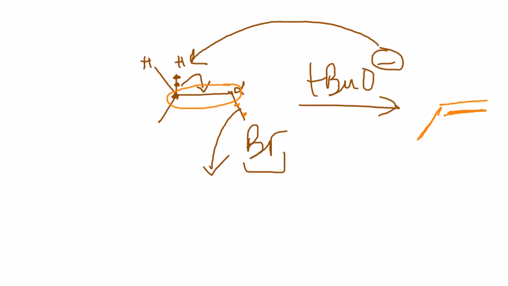Rule 7 is polarity. So it says follow polarity. That basically means that the negative is going to interact with the positive, and the positive is going to interact with the negative part of the molecule.